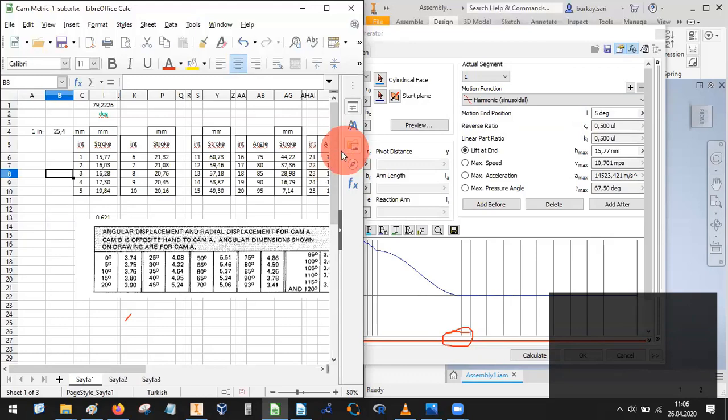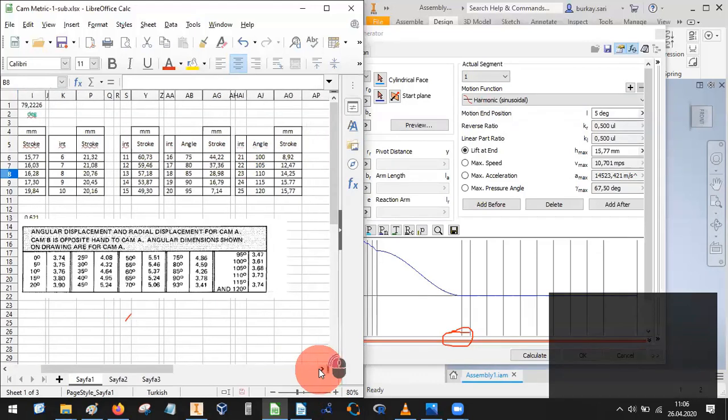Tamam. I made a little adjustment at the table. Normally, you should have to just adjust that table before me.